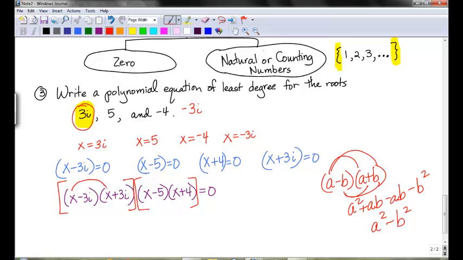Let's do it the long way. If I multiply this out, and I recommend you draw the arrows if you don't know. So it'd be x squared. Multiply this out. It'd be plus 3ix. Put the coefficient in front. Okay, and then go underneath. This would be minus 3ix. And this would be minus 9i squared.